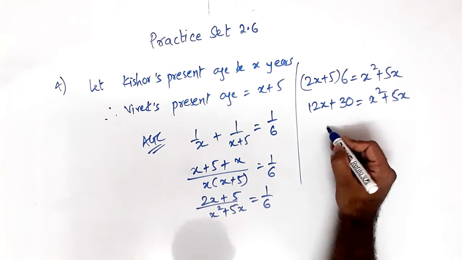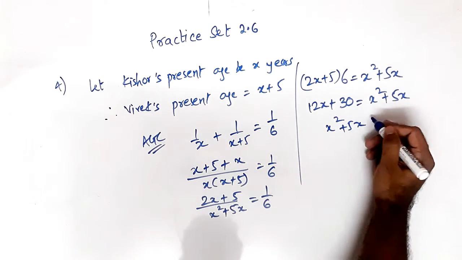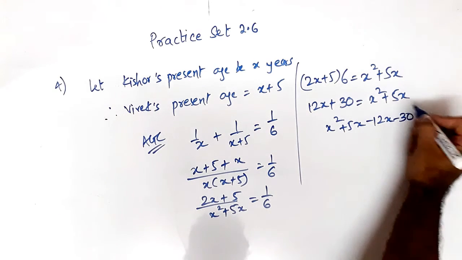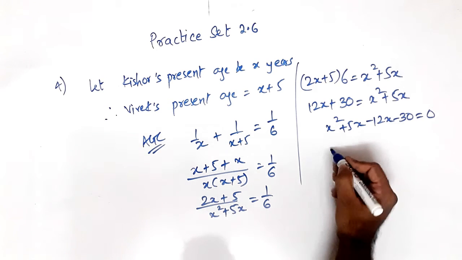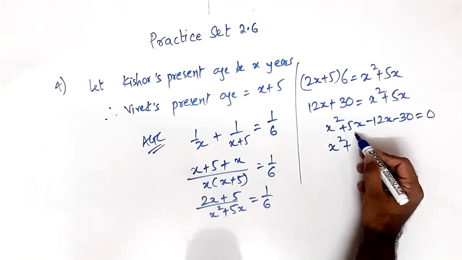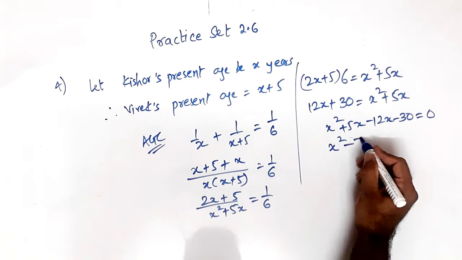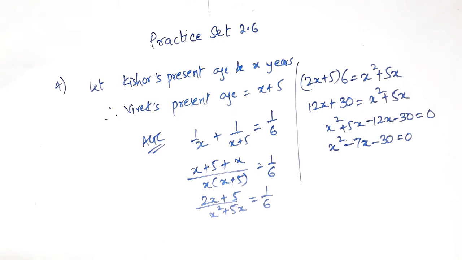Now let us arrange this. x square plus 5x will go there and become minus 12x, this will become minus 30, and writing this on the LHS, it will become 0. So your equation is x square plus 5 minus 12 is minus 7x, minus 30 equals 0.